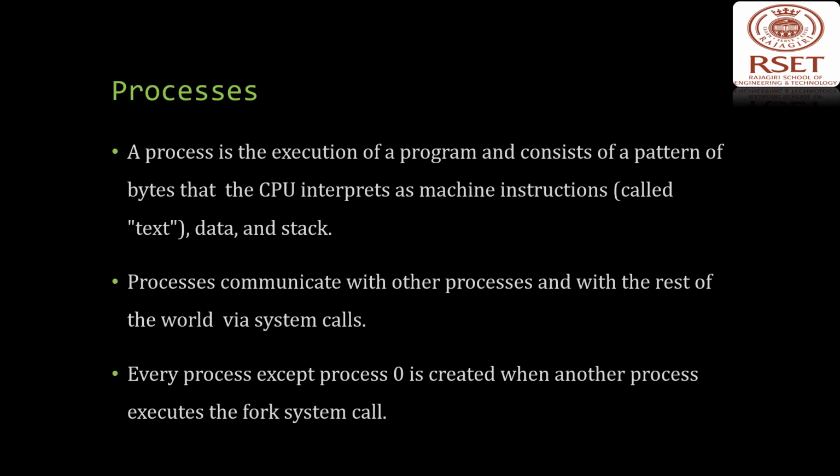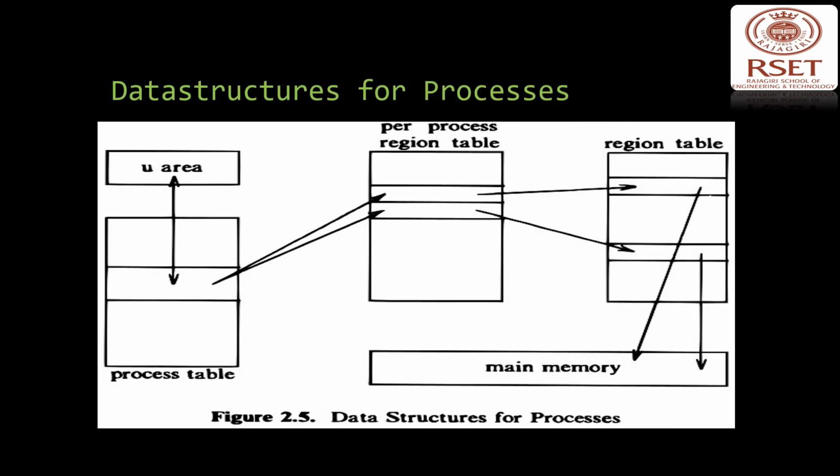By making use of the fork system call, right? The process that has invoked the fork system call is the parent process, and the newly created process is the child process. So every process is going to have one parent process, but a process can have many child processes.